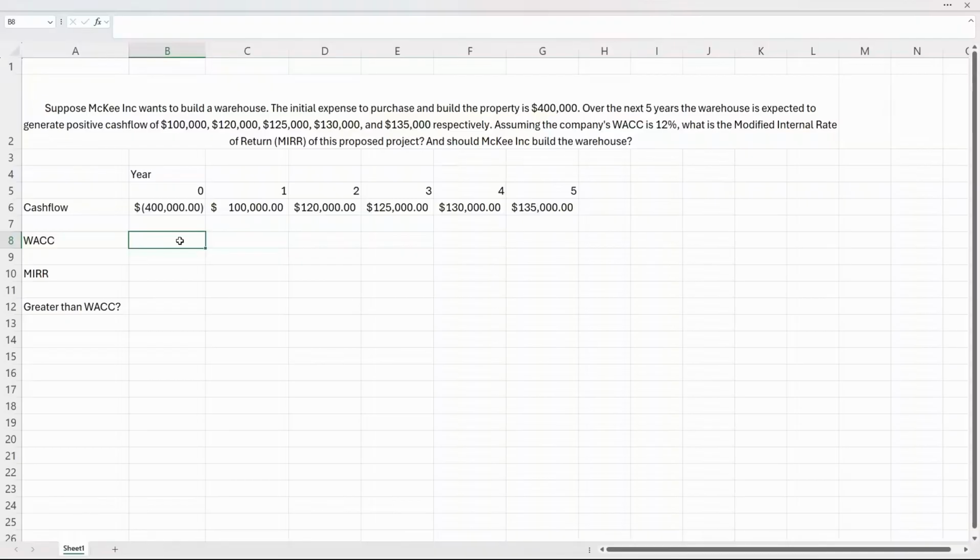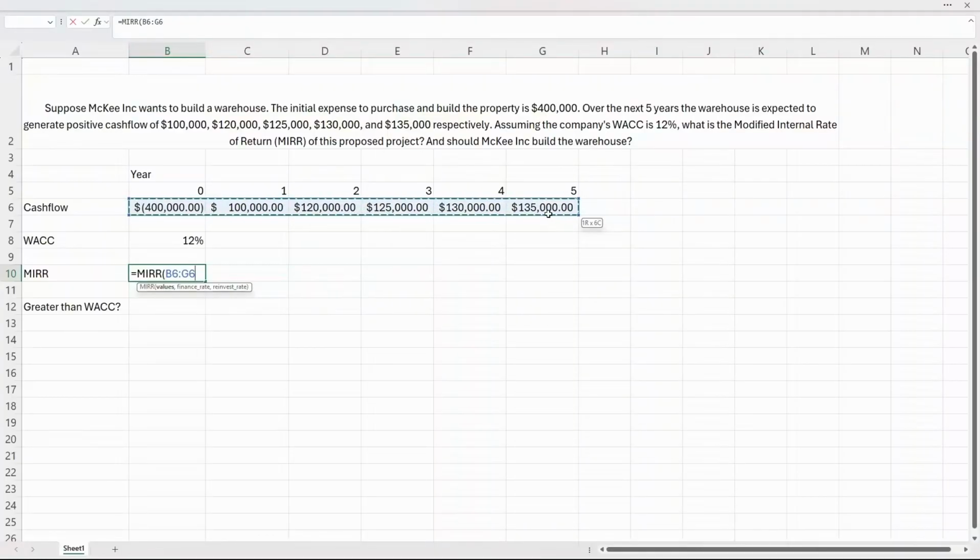Our WACC for the project is 12%. So I put in 12% next to WACC. And now we want to find the modified internal rate of return. So we take M equals MIRR, open parentheses, and we first put in values. This is just the array for our timeline. We've already constructed it.